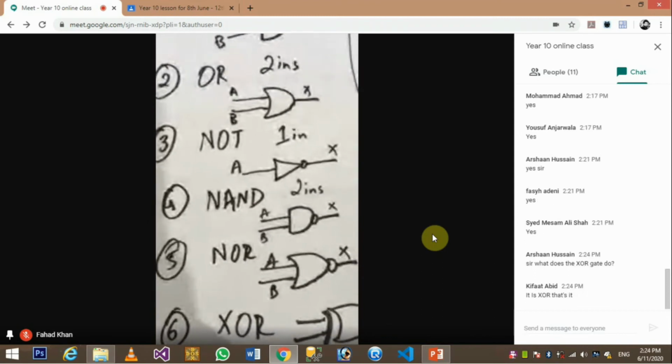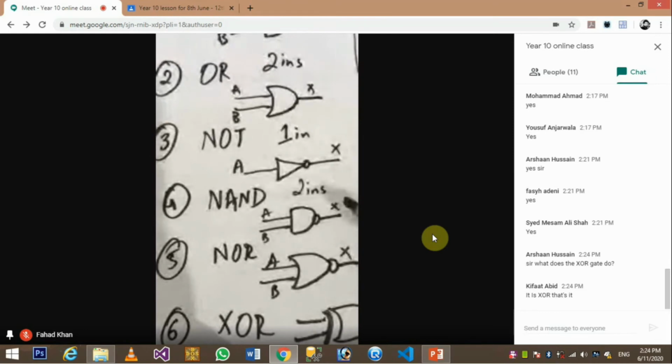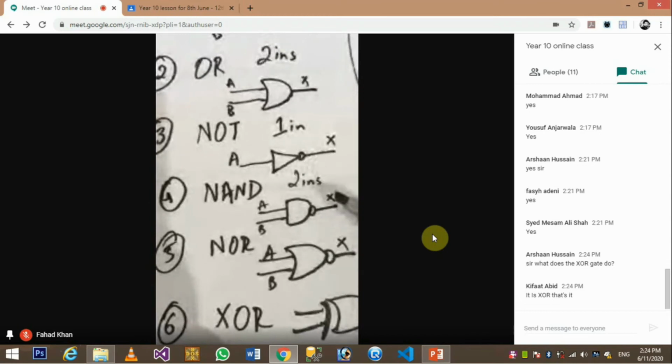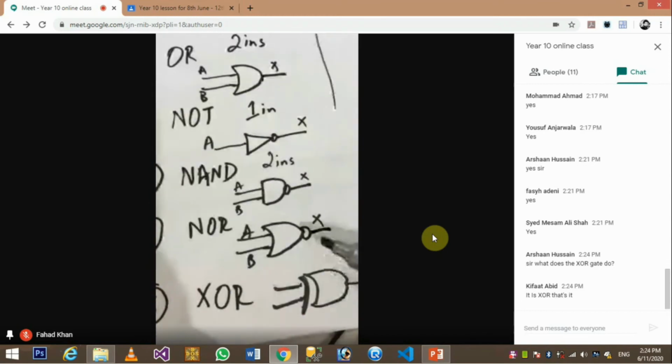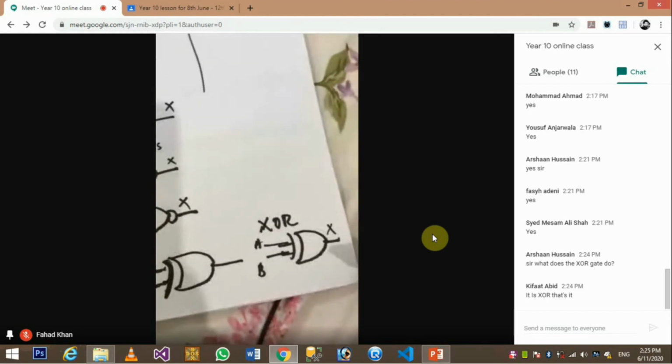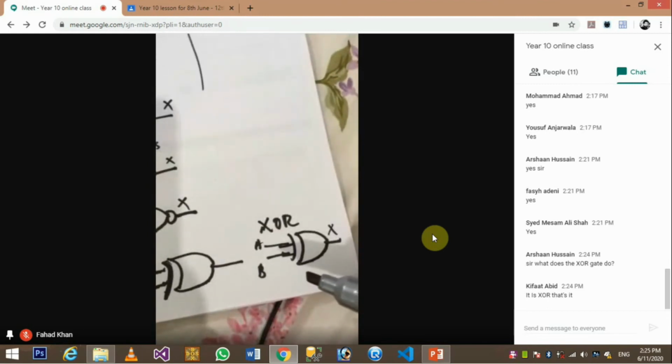Moving on, NOT has this representation. Then we draw NAND, NOR, XOR, and maybe this XOR is clearer than any, right?